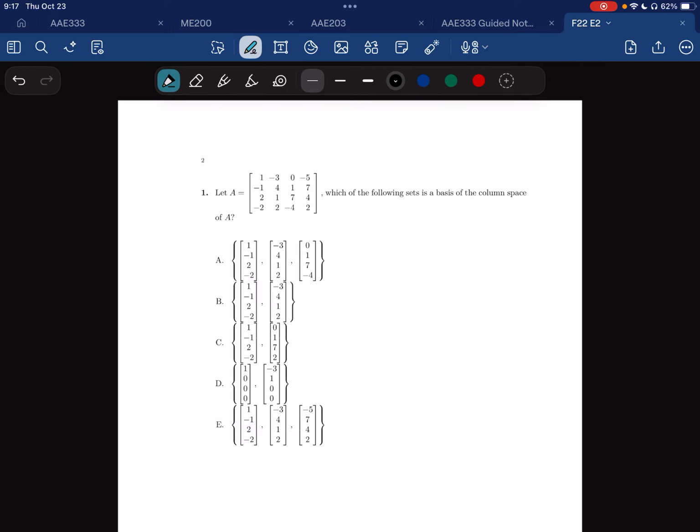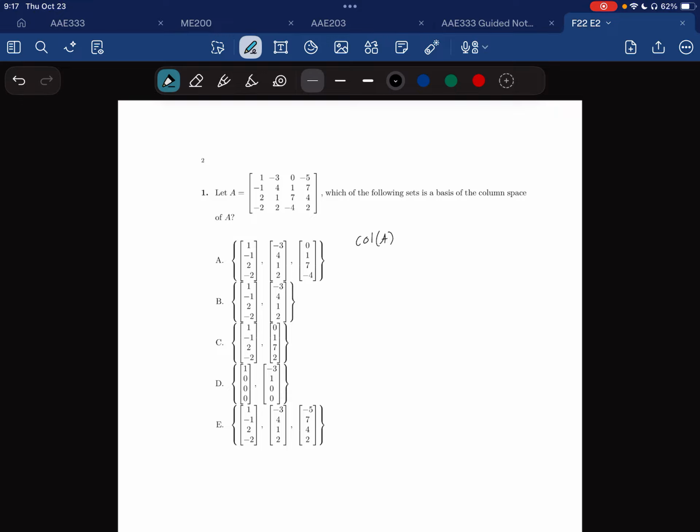So in question 1, we're given this 4 by 4 matrix, and we are asked to find which of the following sets is a basis of the column space of A. So let's talk about some of these terms first. The column space of a matrix, we're going to denote as Col(A), right? It's the set of all possible linear combinations of its column vectors.